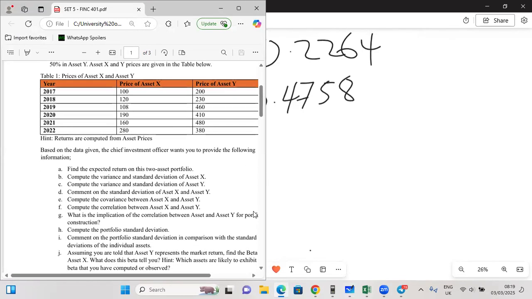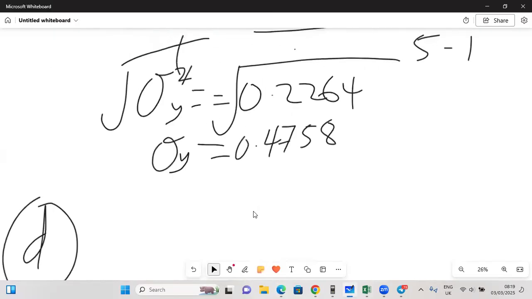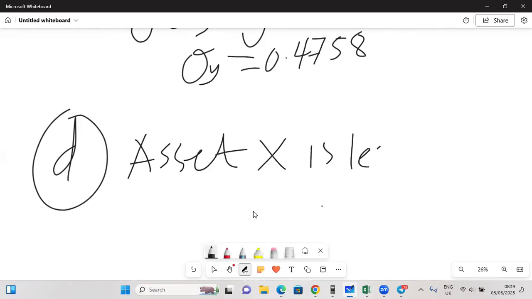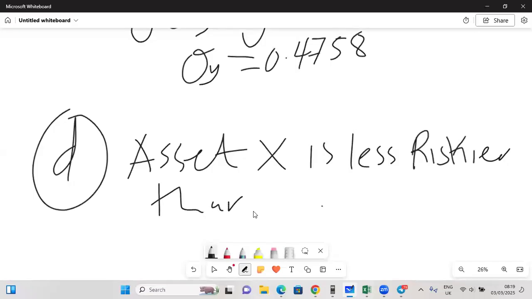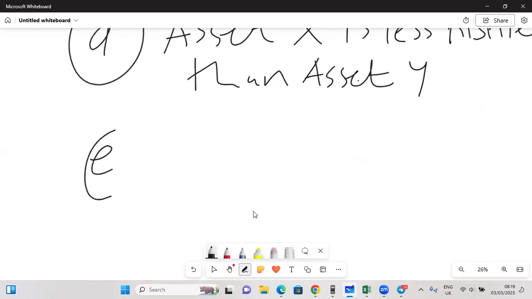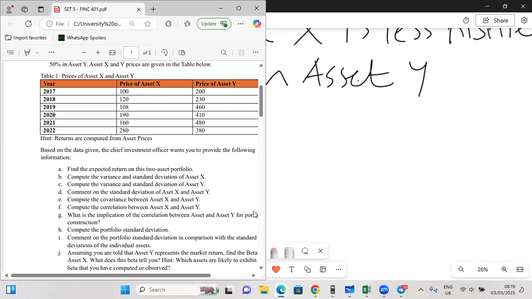And now let's move on to E. Let's go to E. E is saying to compute the covariance between X and Y. Right.